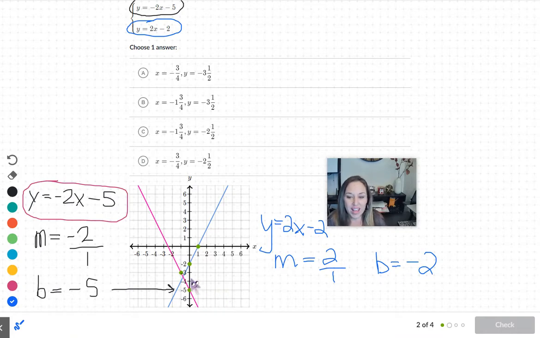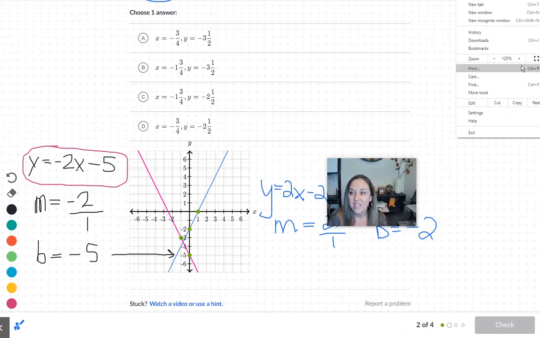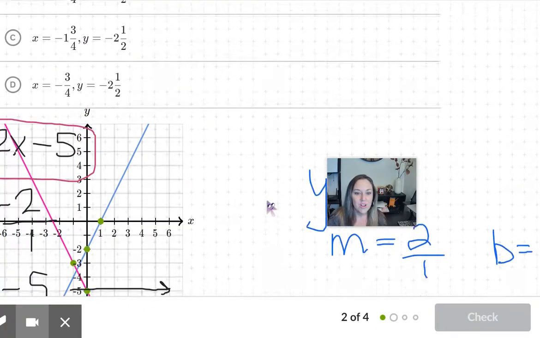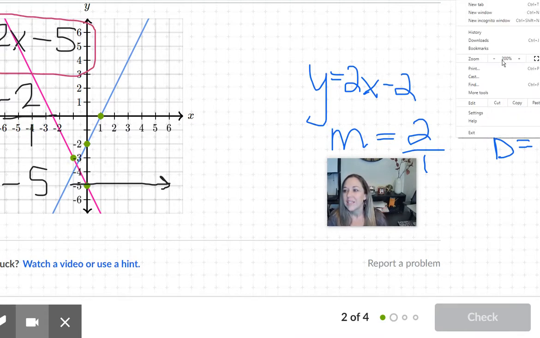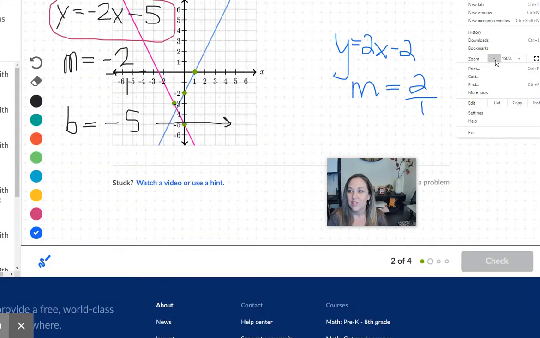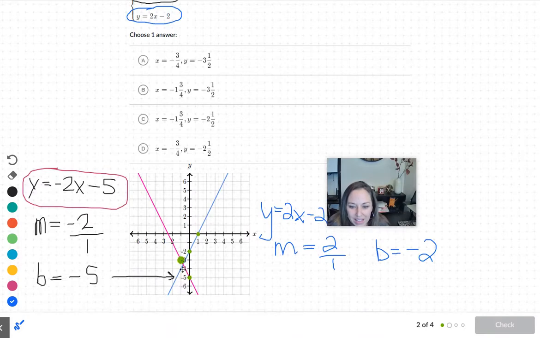Okay, and so this one's a little tricky because you can see it's not crossing. Let me zoom in. It's not crossing directly on a grid line. Do you see how the 2 lines are actually meeting somewhere kind of in the middle? So let me zoom back out and show the answer choices. Okay, so it's not quite at -1 for the x.